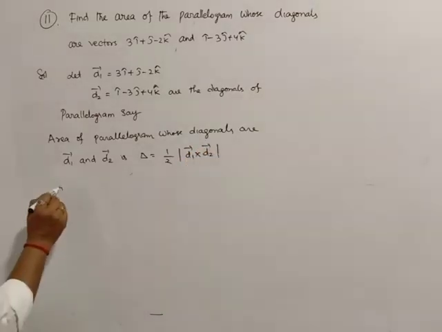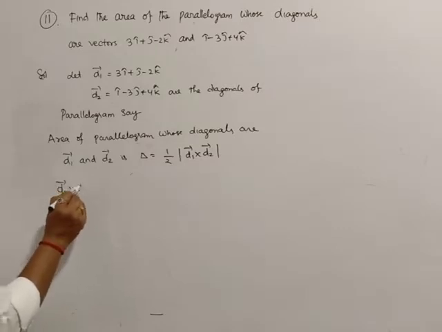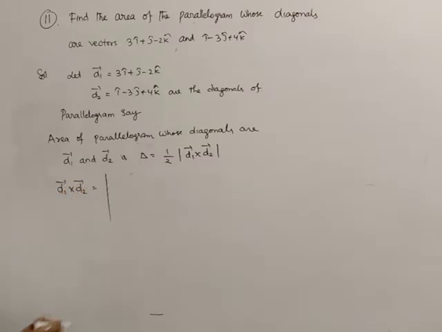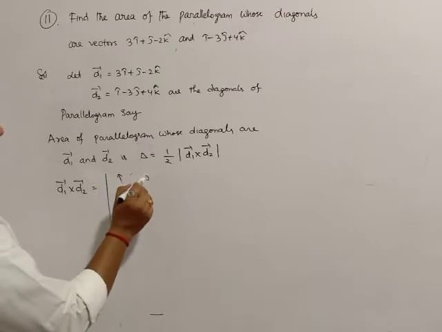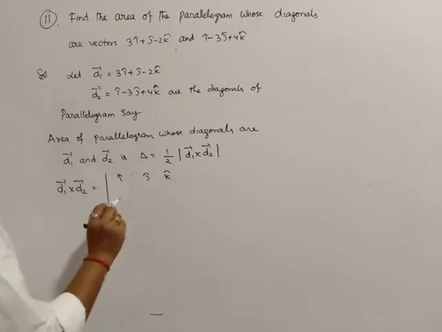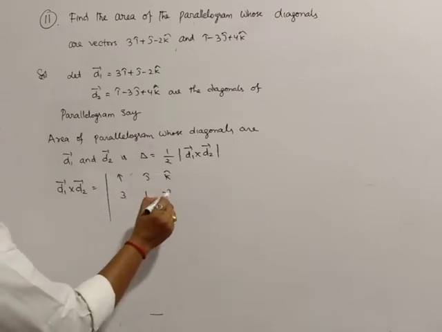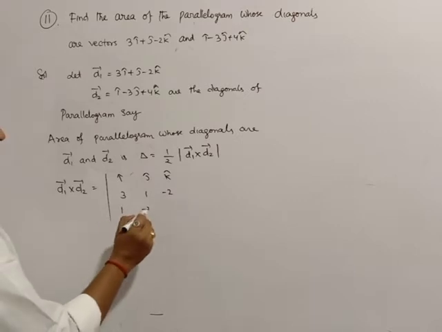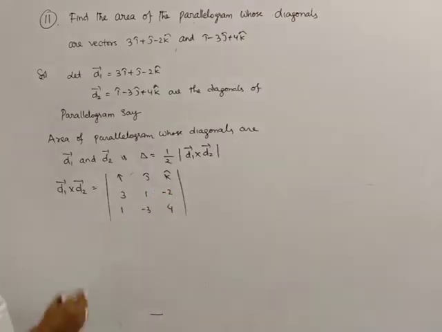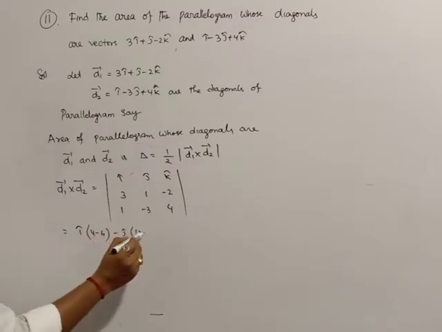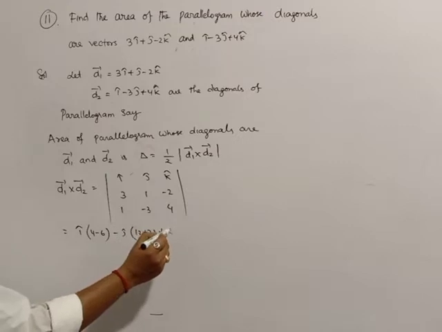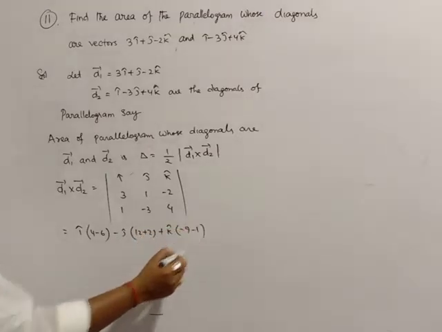So first, find d1 bar cross d2 bar. That is the determinant of i, j, k; 3, 1, minus 2; 1, minus 3, 4. That is equal to i into 4 minus 6, minus j into 12 plus 2, plus k into minus 9 minus 1.